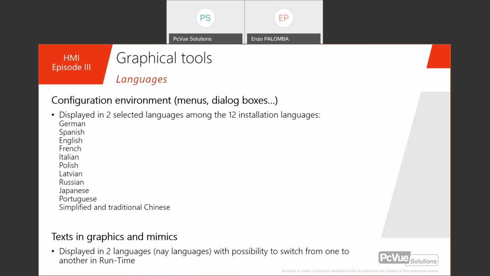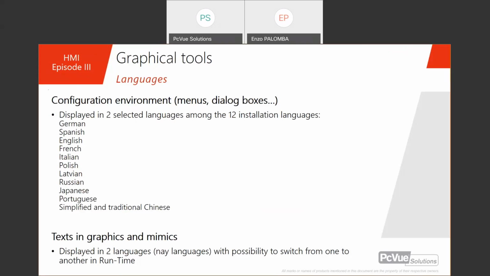For this configuration environment, you can display two languages among the 12 installation languages. When you install PcVue, you can select one among 12 languages. You can see the list here. And when you run PcVue, you can display the menus in the language of the installation plus another one. So you have two languages for displaying the configuration environment.